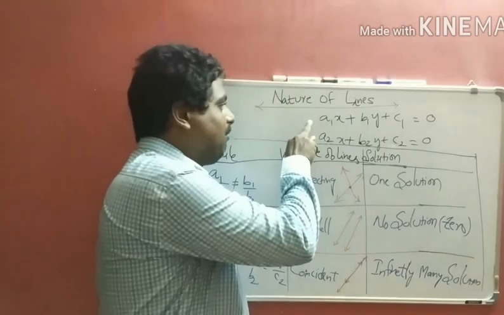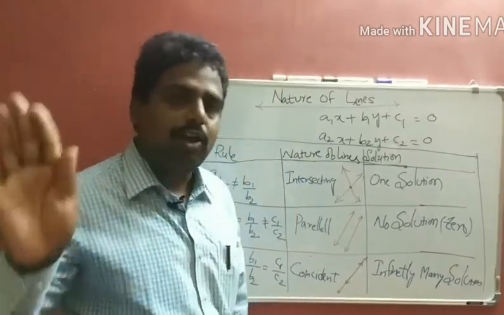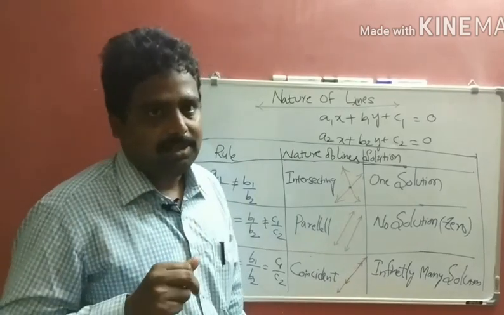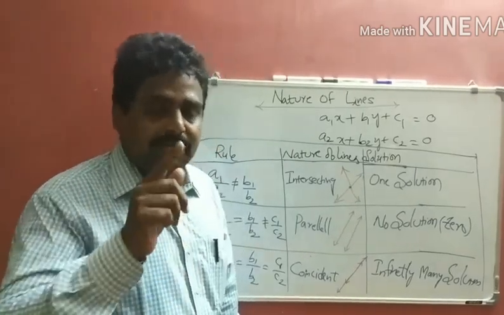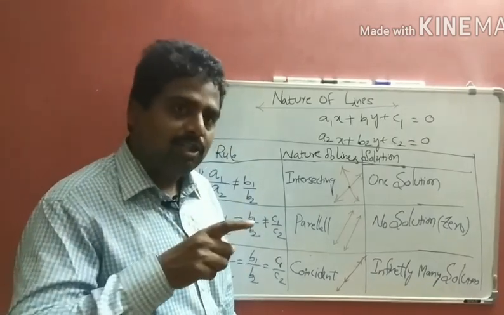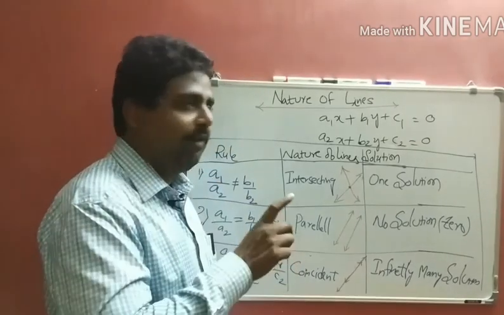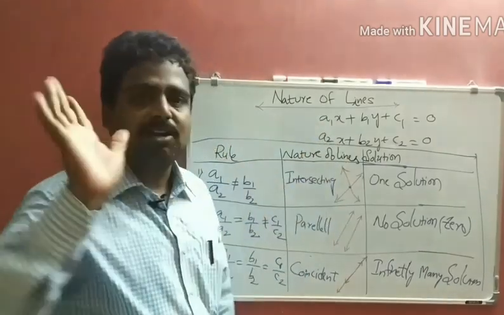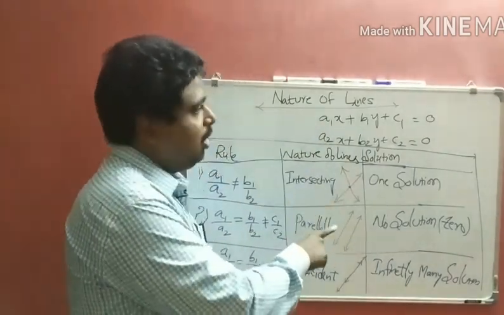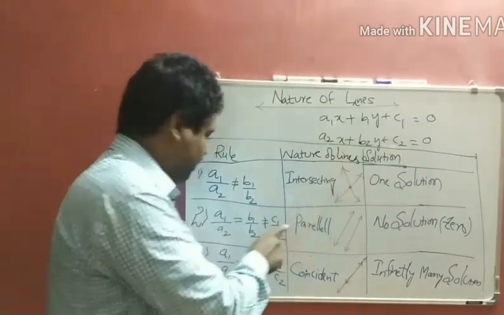For that type of two linear equations, there is no value of x and no value of y satisfying both equations. You know the meaning of solution from 7th and 8th class: the value of x and the value of y which satisfy the given equation is called a solution. Understand? So no value of x and y satisfies both equations in this case.